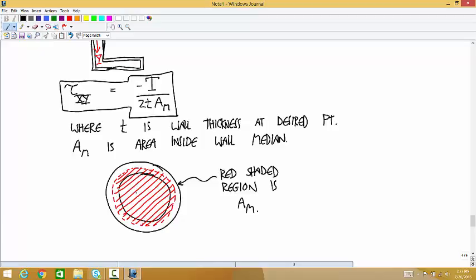Or as an even better approximation, calculate the area inside the outer wall and the area inside the inner wall, and average the two. So don't spend a ton of time worrying about that median calculation. I think there's one or two problems on the homework where really calculating that median area is possible, but it's kind of a pain. Don't even worry about it. Take the area inside the outer or the area inside the inner or both and average the two.